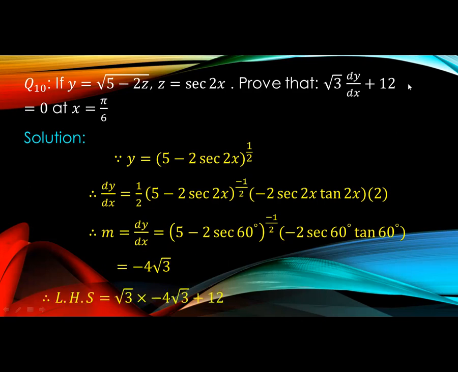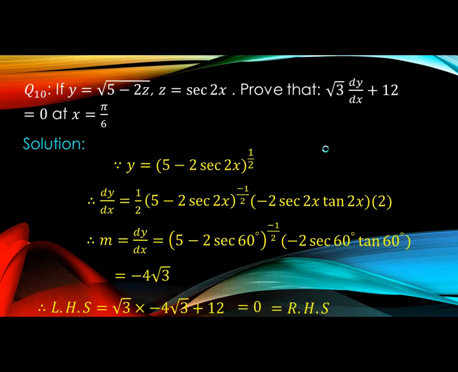Substitute this value in the left hand side of the request, which is root 3 multiplied by dy by dx. Its value is root 3 times negative 4 root 3 plus 12, that is root 3 times root 3 is 3, times negative 4 is negative 12, plus 12 equals 0. It is the value of the right hand side.